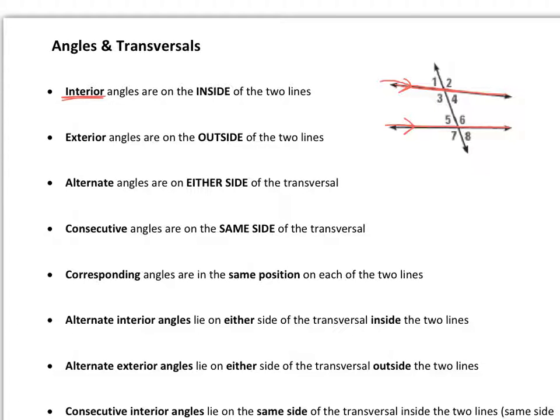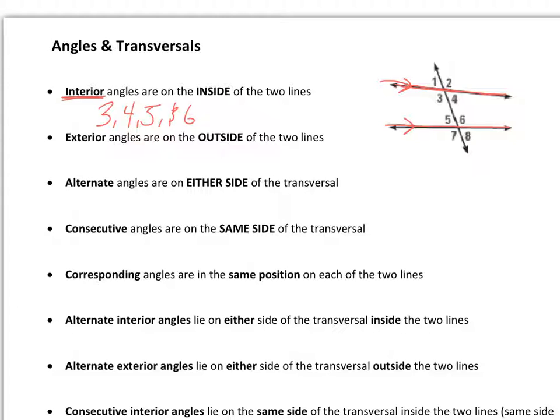That is the symbol that says, hey, these lines are parallel. So I want the angles that are inside of those two lines. So that would be 3 and 4 and 5 and angle 6. Okay, so those are the interior angles.